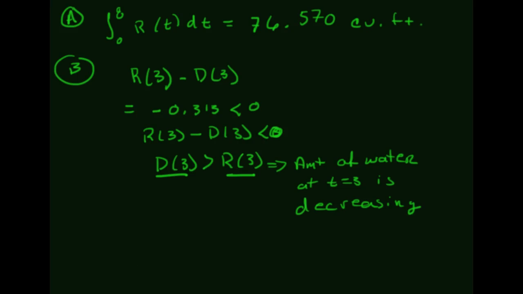All right, so let's look at part C. This asks at what time from 0 to 8 is the amount of water in the pipe at a minimum. So P of t is equal to R of t minus D of t, which gives me the instantaneous rate of change of the amount of water that's in the pipe. So that is the thing that we want to be 0 in order to get a critical point.